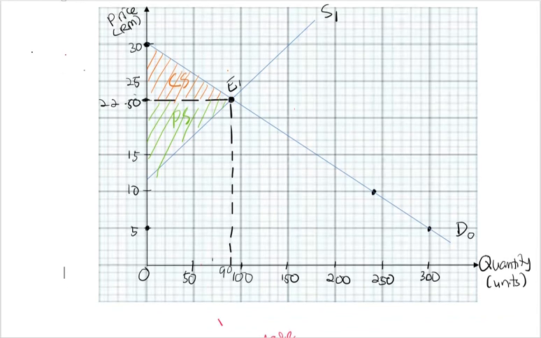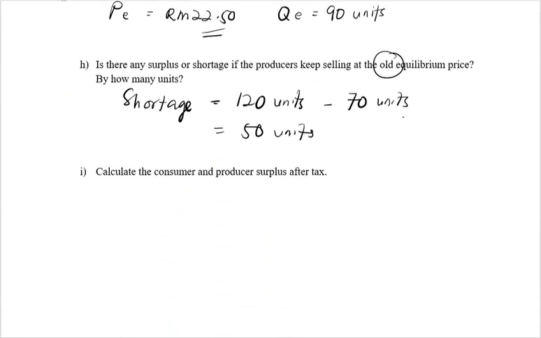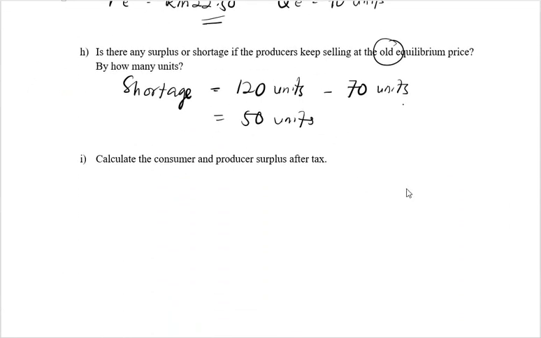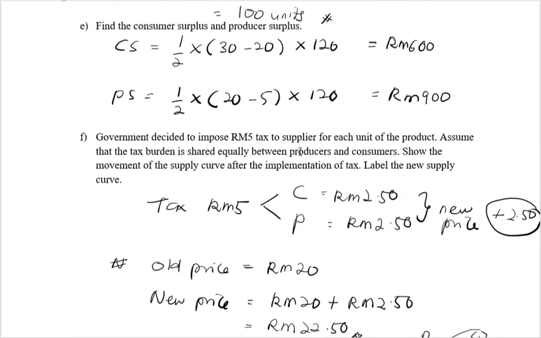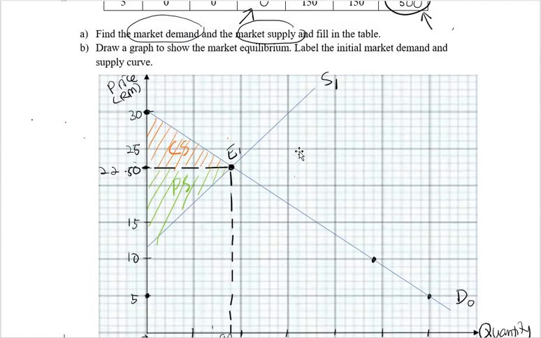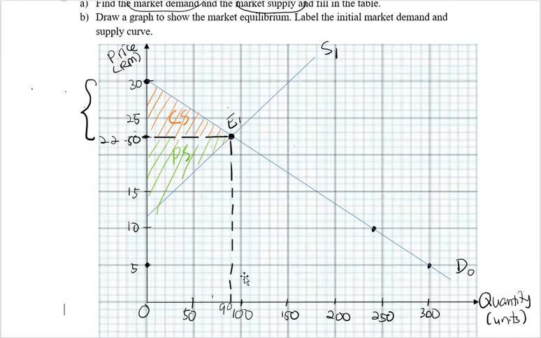Okay, so for consumer surplus, the area of triangle should be 1/2 times height times base. So the height for consumer surplus is from 30 to 22 ringgit and 50 cent, and the base is from 0 to 90.